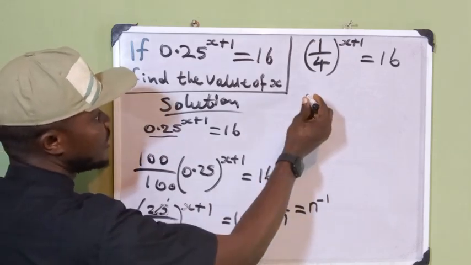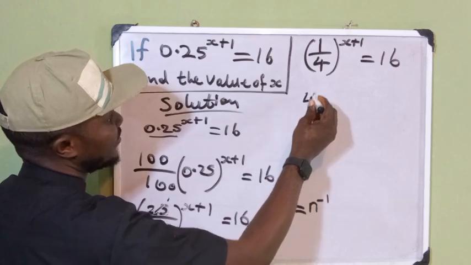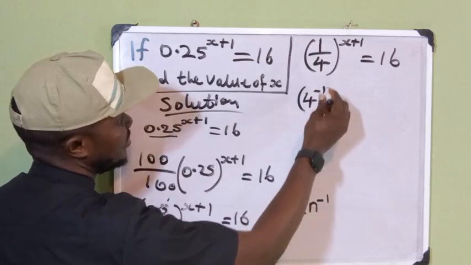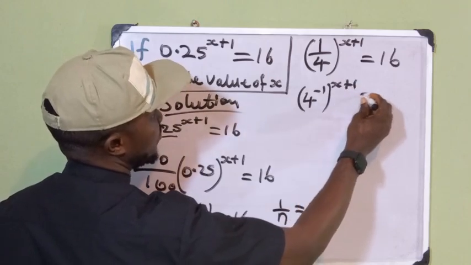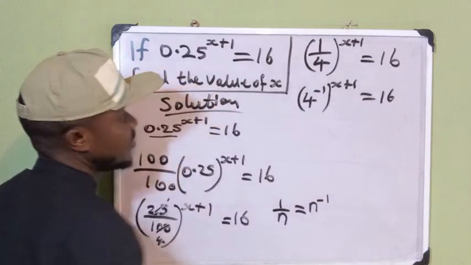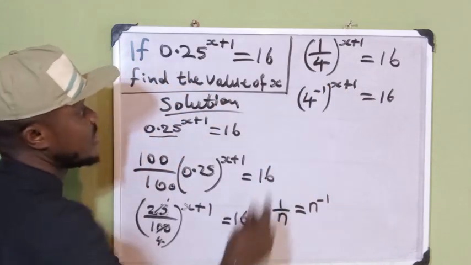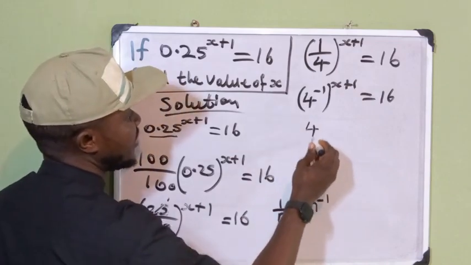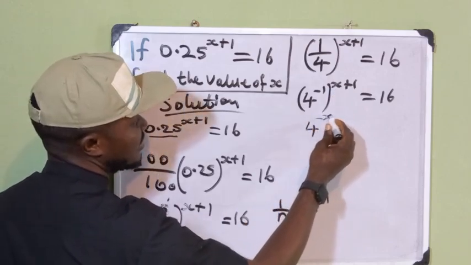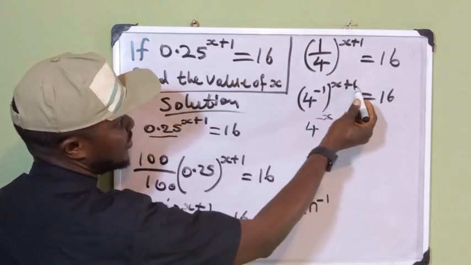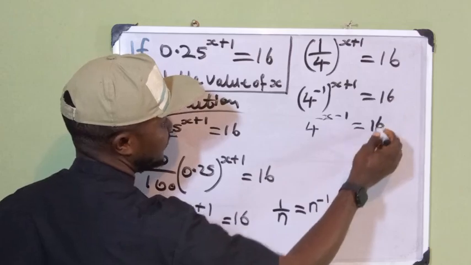So 1 all over 4 is the same thing as 4 raised to the power minus 1, all raised to the power x plus 1, which will give us 16. Now we have to multiply out these powers. So 4 raised to the power minus 1 times x will give us minus x, and minus 1 times 1 will give us minus 1, is equal to 16.